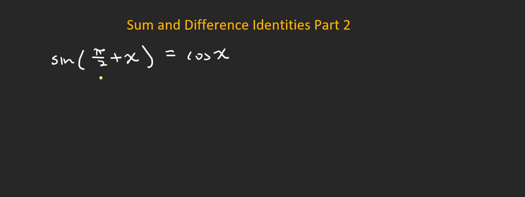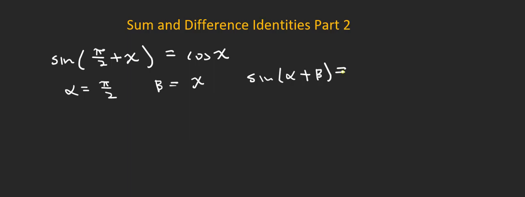Okay, let's try to prove sine of quantity pi over 2 plus x is cosine x. So again, we need to identify alpha and beta. Alpha is pi over 2, and beta is x. And we need to know what sine of quantity alpha plus beta is.